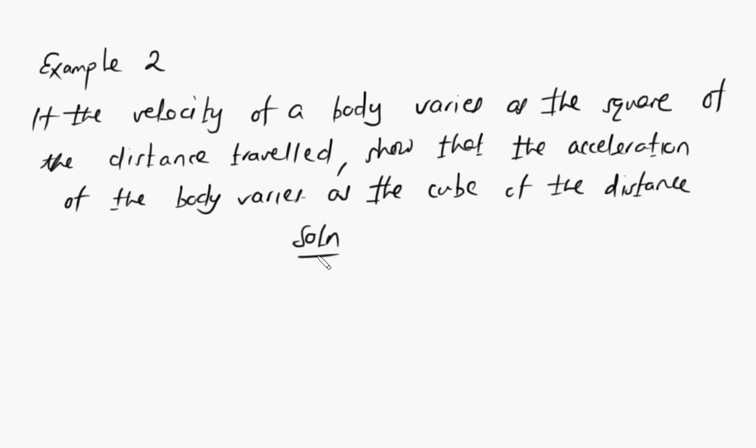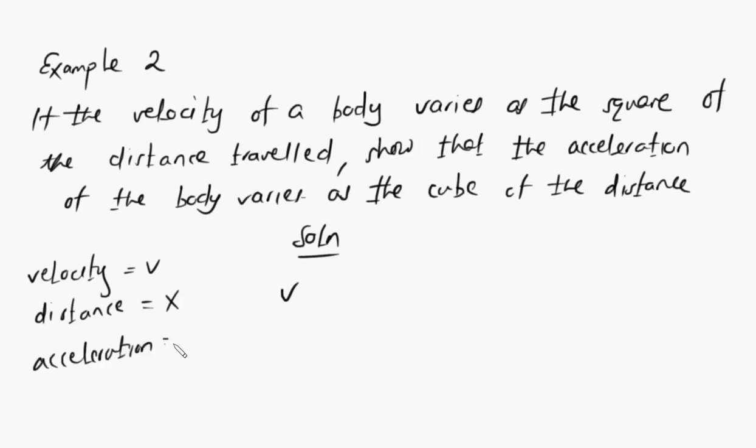So solution, okay? So this one is velocity v, so velocity ni v, distance ni tutumie nini x, okay? Acceleration ni nini a. Kwa hiyo v varies as x squared, okay?